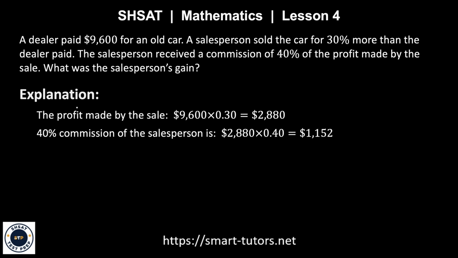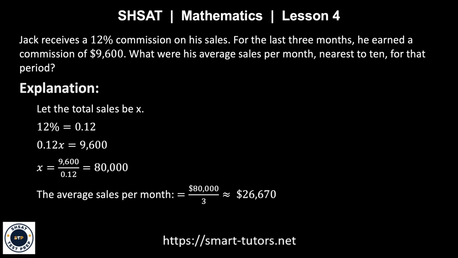It's very simple. You need to find the profit made by the sale. So 9,600 times 0.3 gives 2,880. And then the 40% commission for the salesperson is 40% of 2,880, which is $1,152.